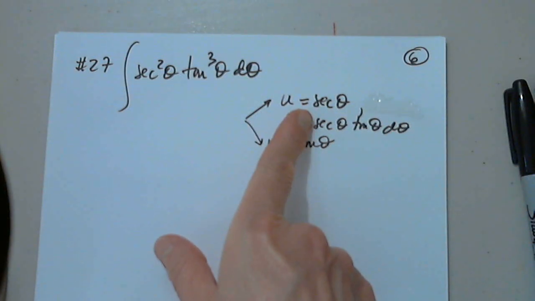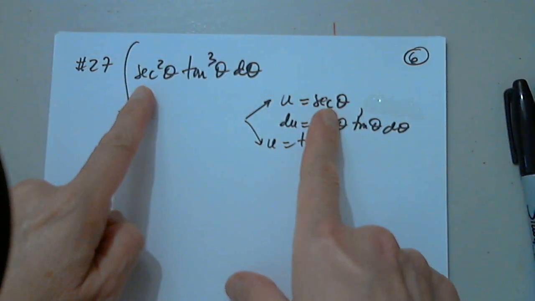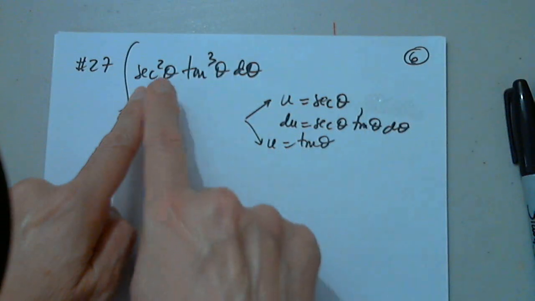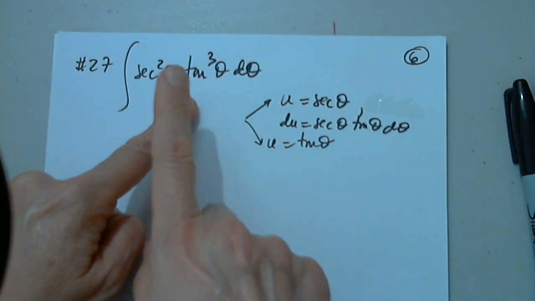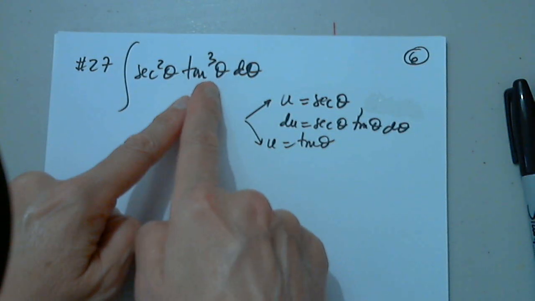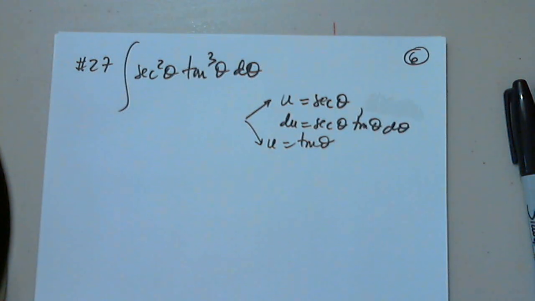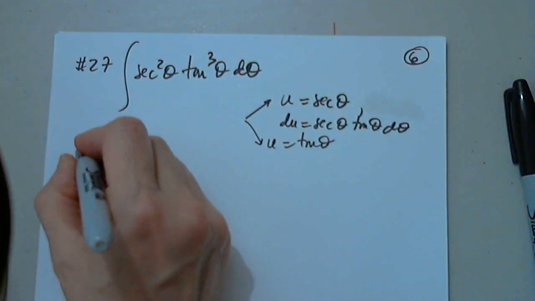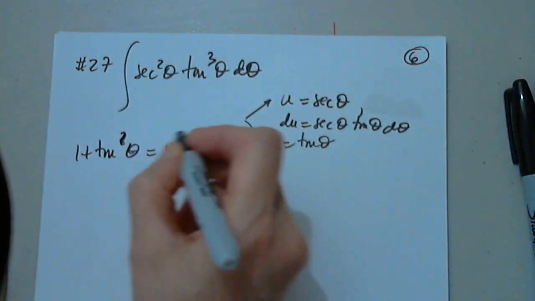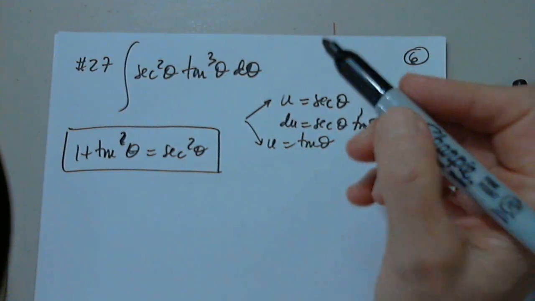So if secant theta is u, it's okay, I have a u. Then the secant with tangent, the second secant with a tangent, will be okay with d theta. And then I'm left over with tangent squared. And if I think about tangent squared, if you remember, there is one very important identity: 1 plus tangent squared theta equals secant squared theta. So it appears that it's okay, but more work.